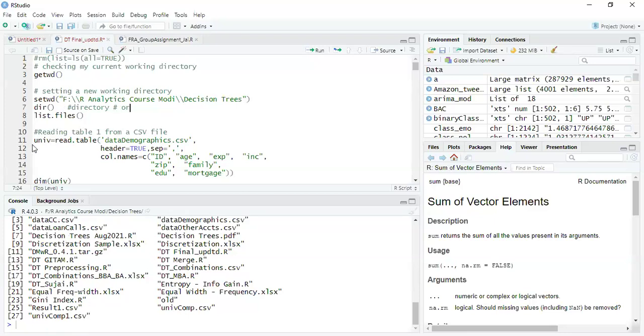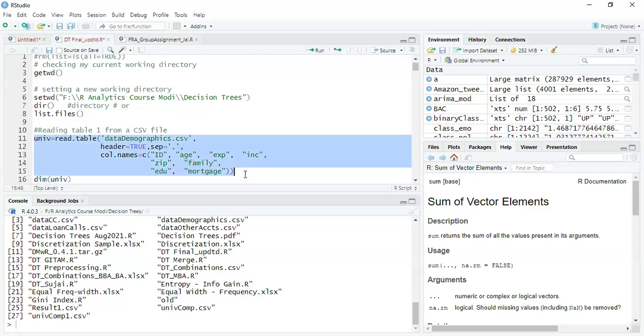Now let us understand this code. The data is in CSV. I use the read.table function followed by the name of the table with the extension. Each column has a header name, so we say header is equal to TRUE because it is a CSV file. Separator is equal to comma.